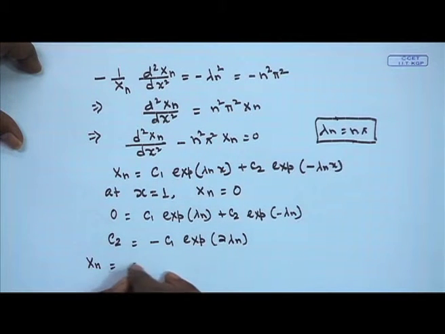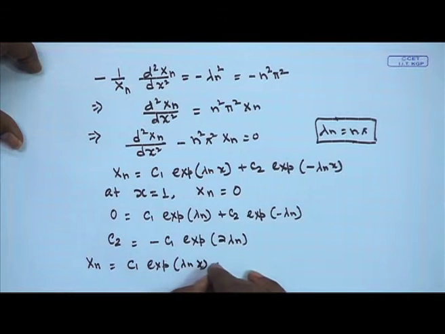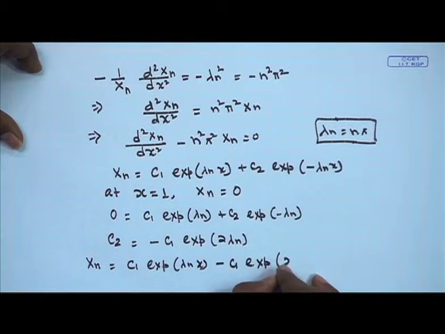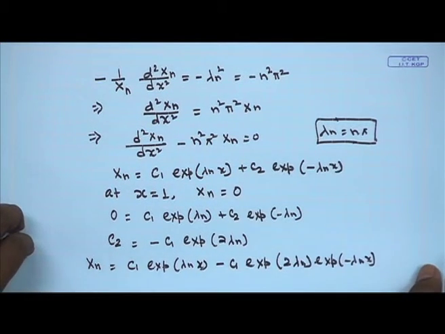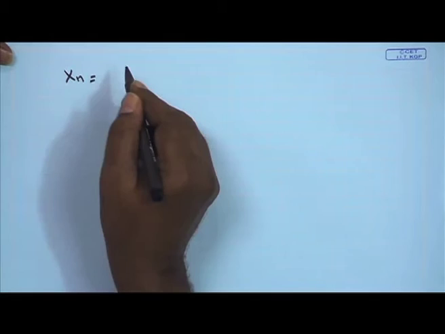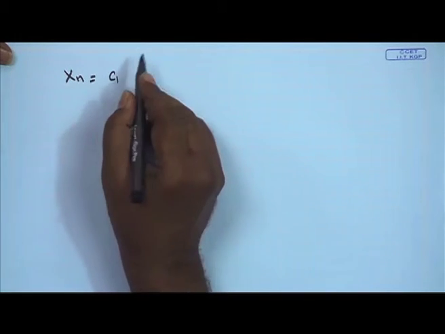So, once we do that, then we can write down the governing equation of X n. So, C1 exponential lambda n x, C2 is minus C1 exponential 2 lambda n exponential minus lambda n x. Okay. So, we take C1 common.